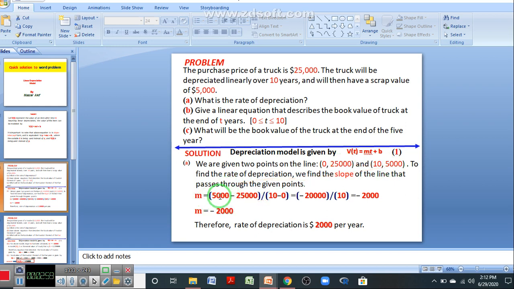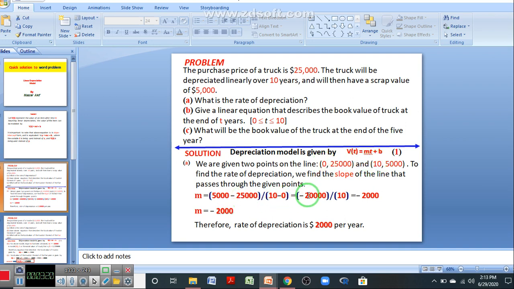So slope will be y2 minus y1. y1 is 25,000, so 5,000 minus 25,000 will be minus 20,000, divided by t2 minus t1, that is x2 minus x1. t2 is 10 and t1 is 0, so 10 minus 0 is 10.